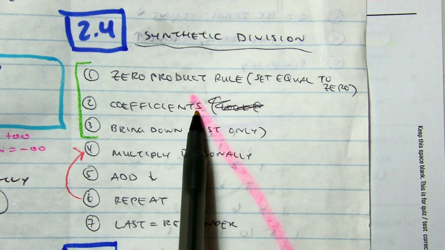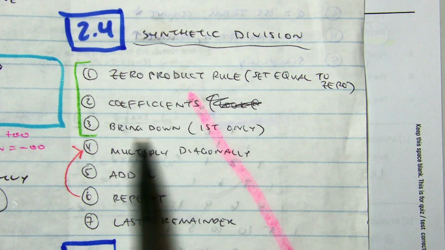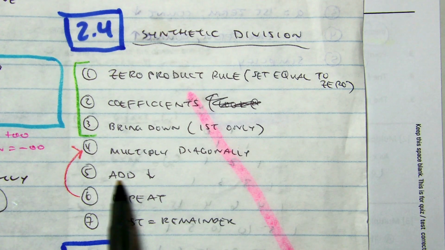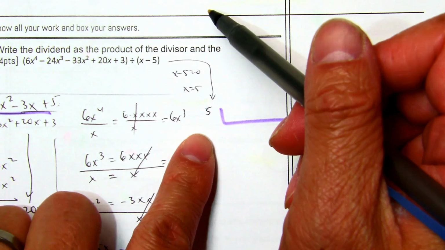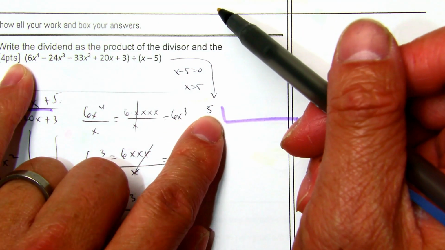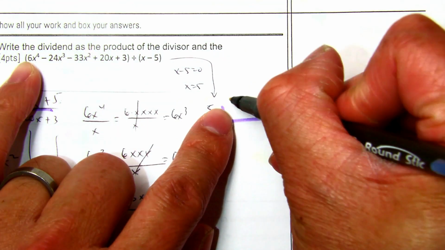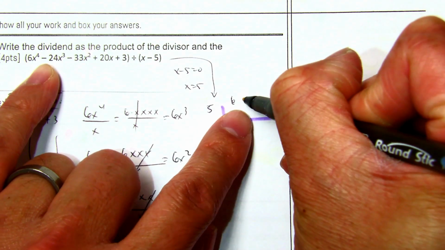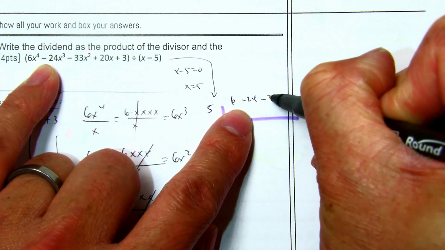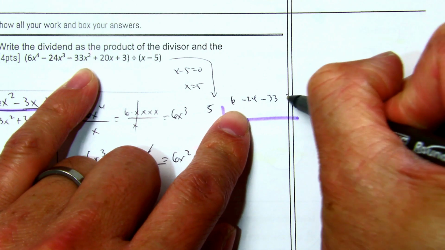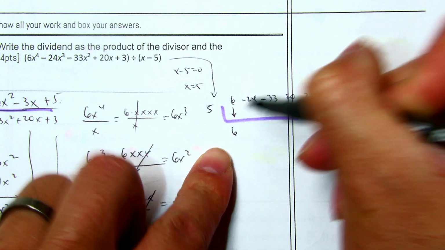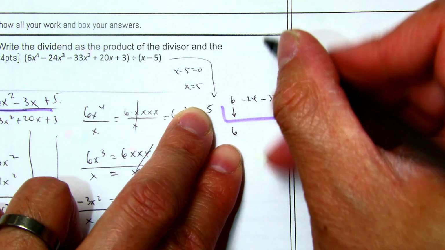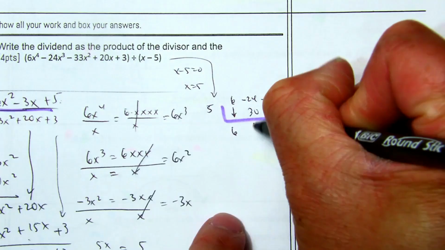I'm getting the coefficients from the polynomial, bring it down, multiply diagonally, add, repeat, and the last is the remainder. So here are the coefficients: 6, negative 24, negative 33, 20, and 3. Bring down the first one only. I'm going to multiply diagonally here, it gives me 30, and add down.